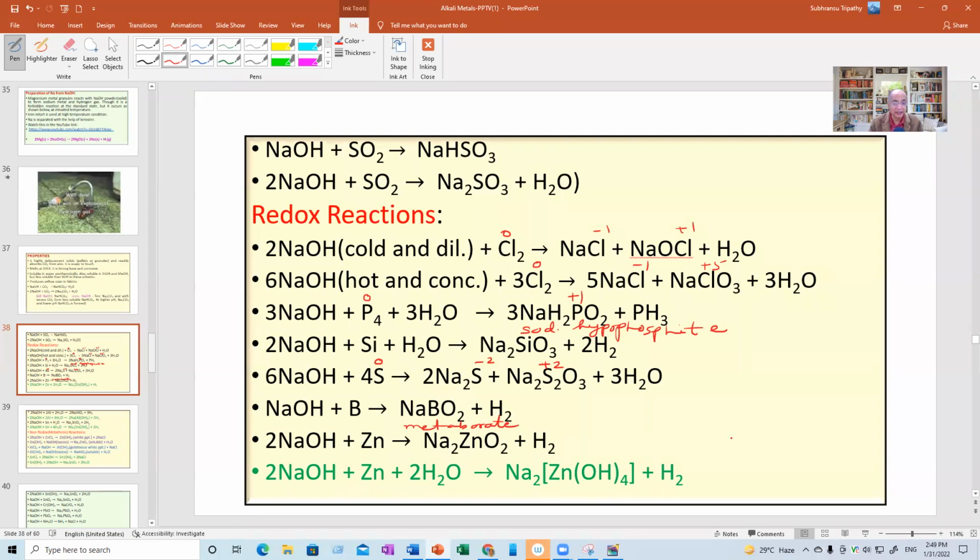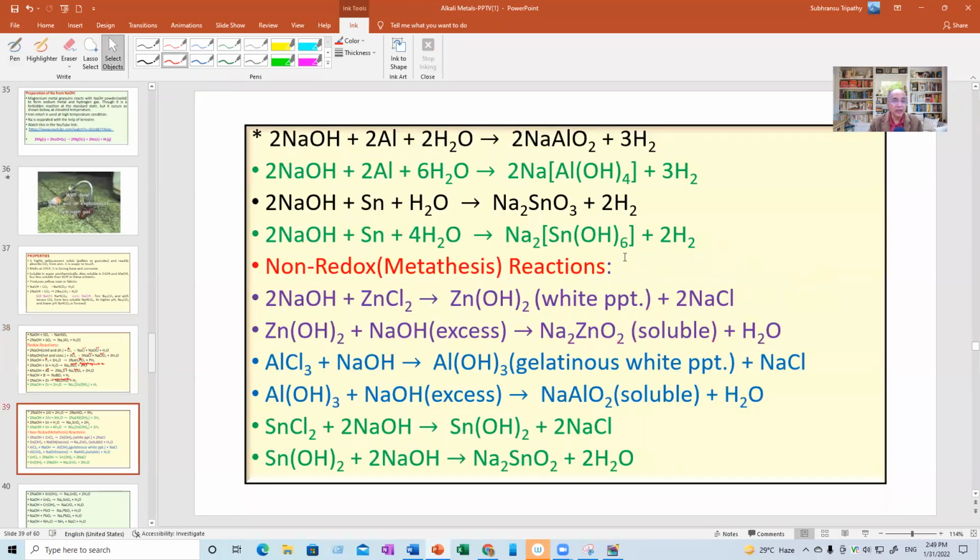Sodium zincate. Now, similarly, you can take aluminium, you get sodium aluminate. Some people call it sodium aluminate, but I call it sodium metaluminate because some amount of sodium orthoaluminate is also formed, in very small quantity. In the balanced equation, I am not showing it, but it will be formed.